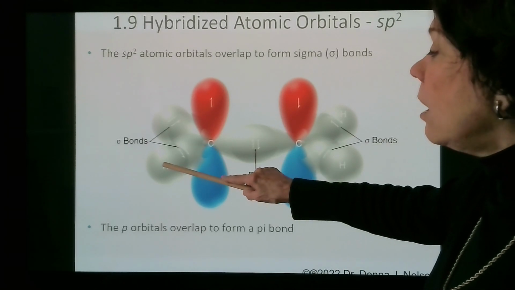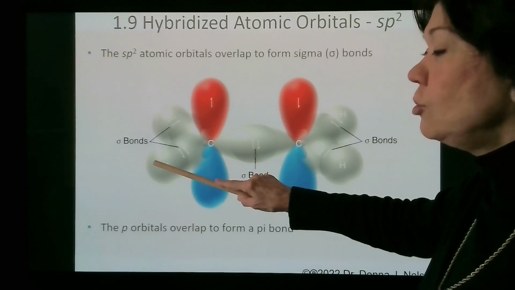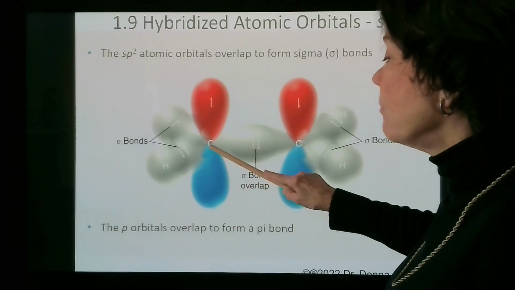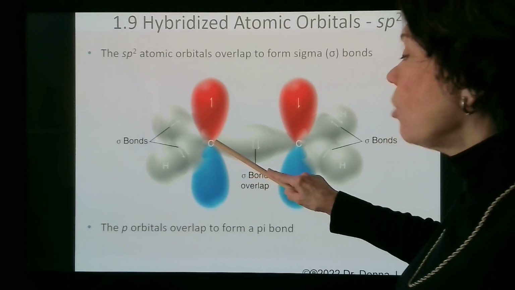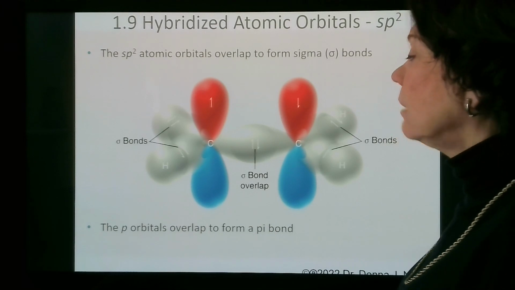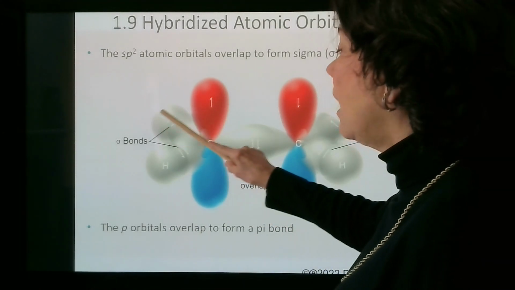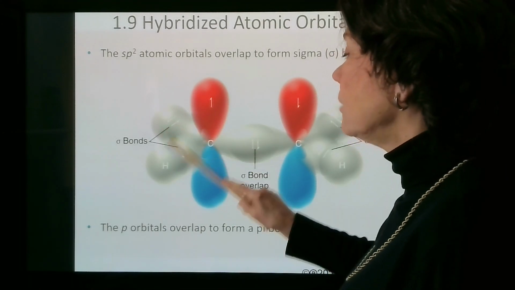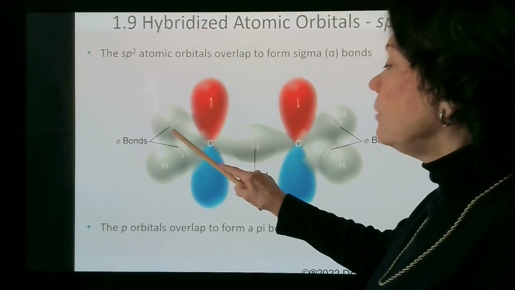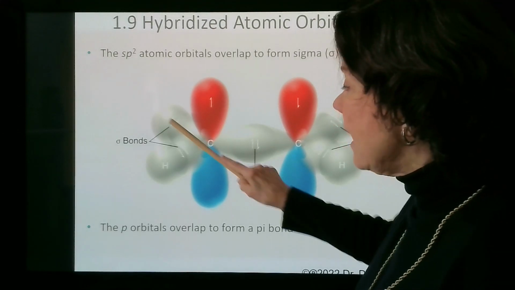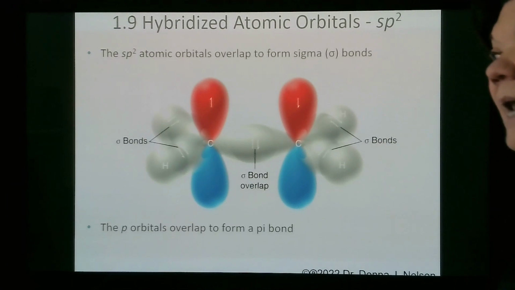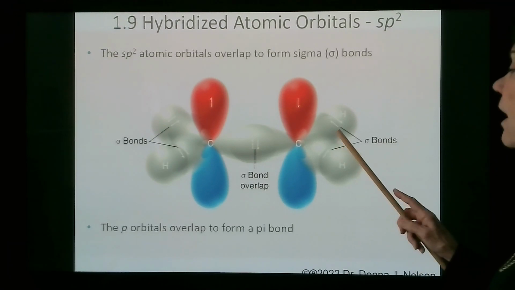So also, when hydrogen comes in, the hydrogen donates 1 electron, and this sp2 hybridized orbital has an electron coming from carbon, and that's 2 electrons in this CH bond. Similarly, this hydrogen will donate 1 electron to that bond, and carbon will donate 1 electron to this CH bond, and that electron from carbon will be in an sp2 hybridized orbital.